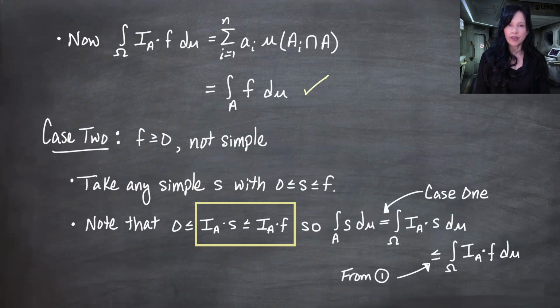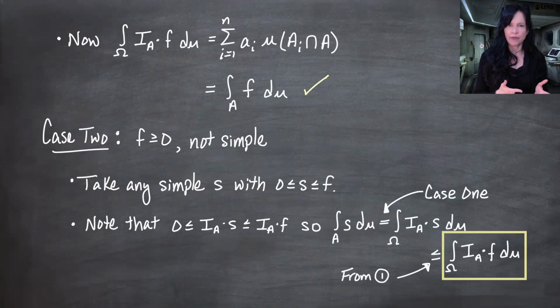So what I'm seeing here is I started with any simple s between 0 and f, and we just showed that the integral of s d mu is bounded above by this term. This is an upper bound on all integrals that look like this, running over all s that are simple and between 0 and f. So you know where I'm going with this.